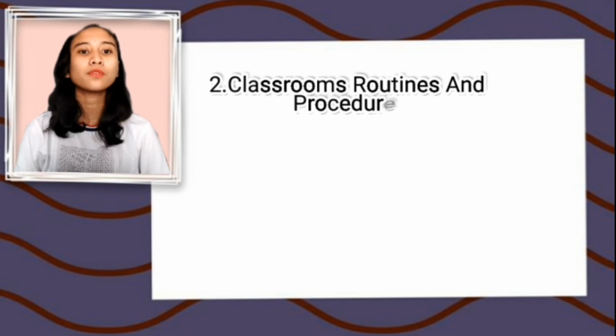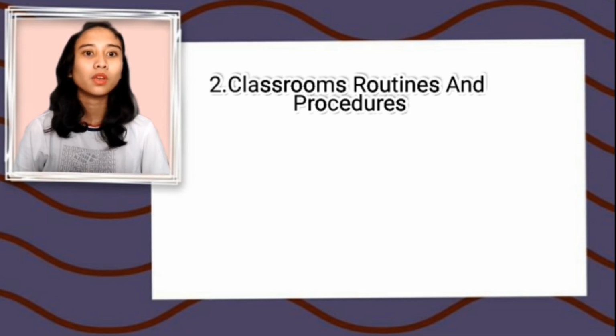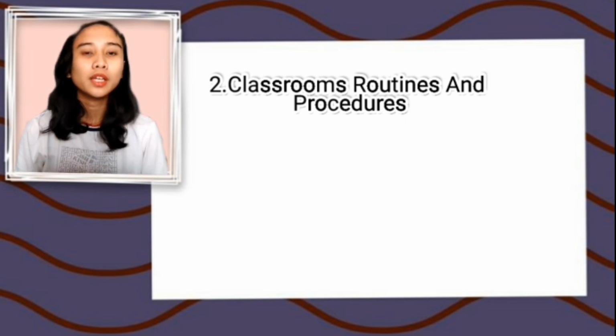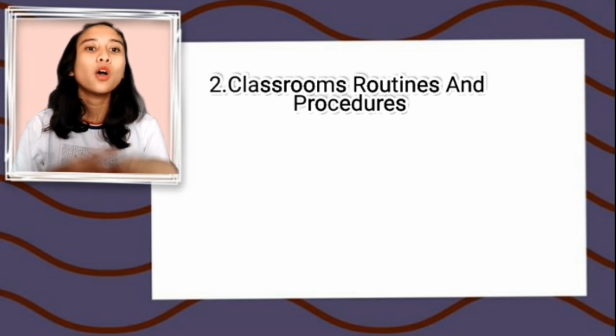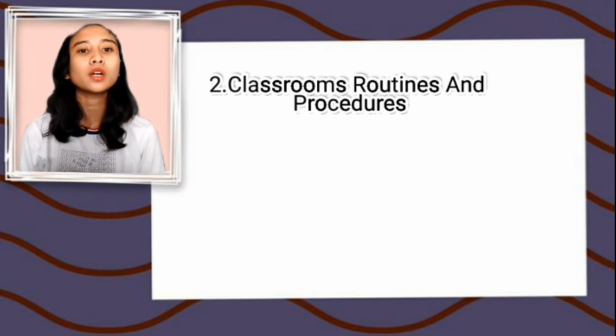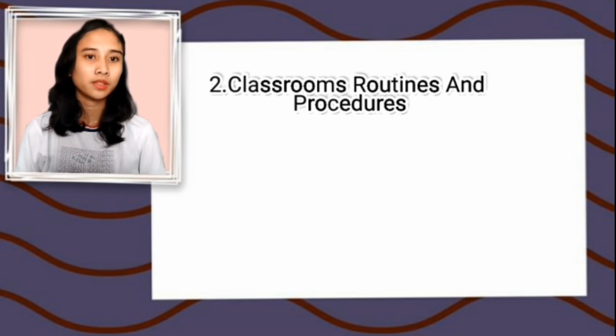Number two, we have the classroom routine and procedure. When we say routines, consistency is the key to order in the classroom. When students know what to expect, they feel more secure and are able to focus better.